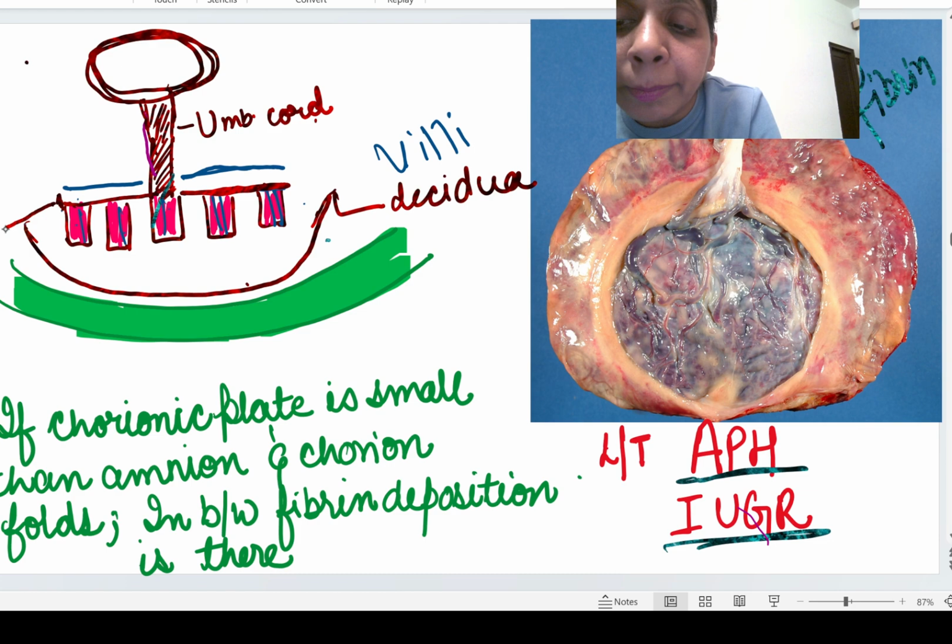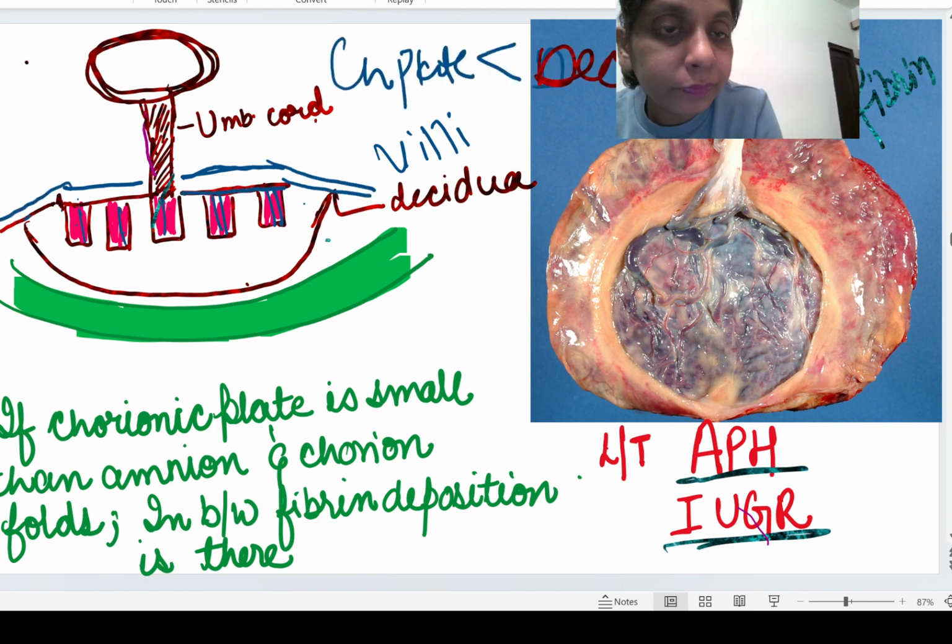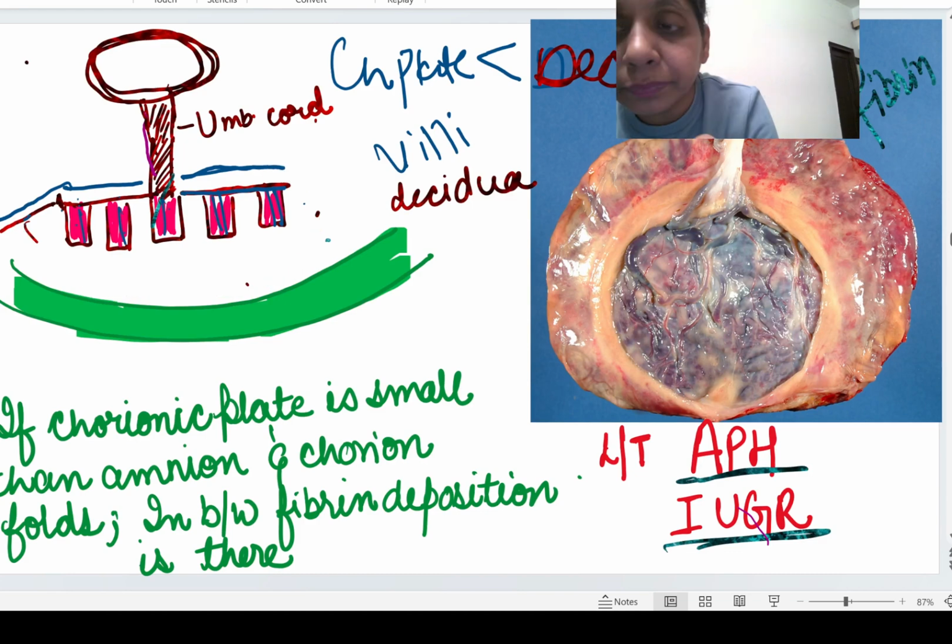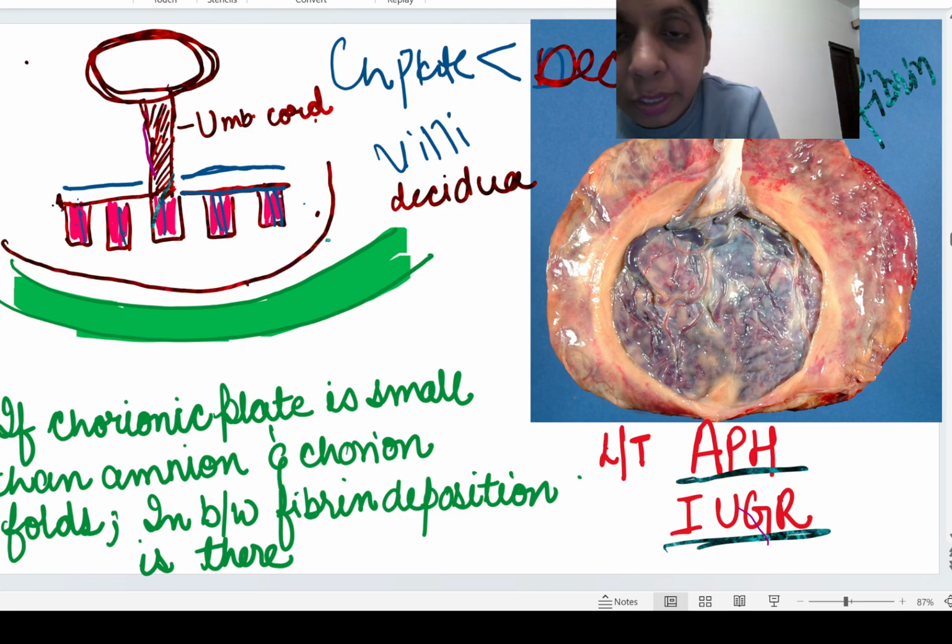Okay, so whenever the chorionic plate is smaller than the decidual plate, then what happens is, this is the decidual plate, the decidua basalis.